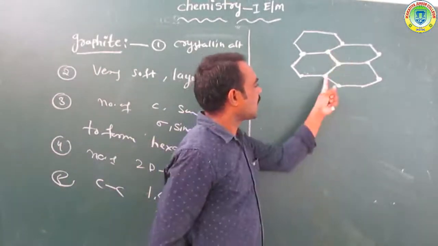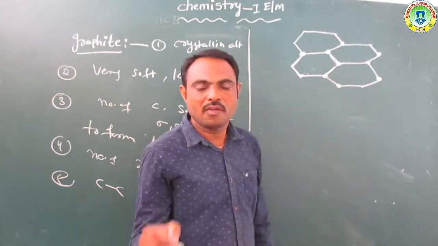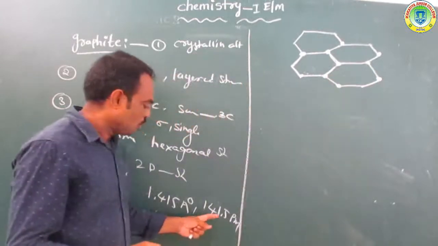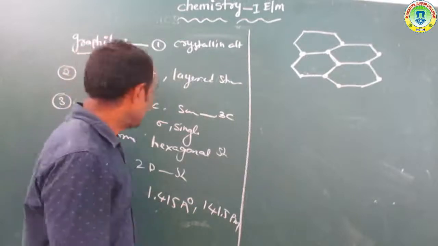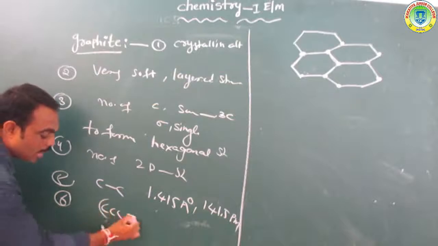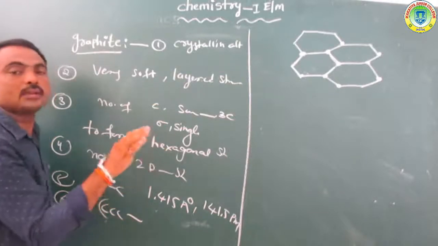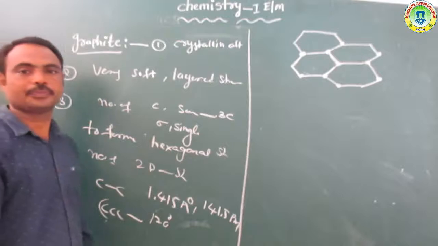And further, the bond angle between carbons is 120 degrees.